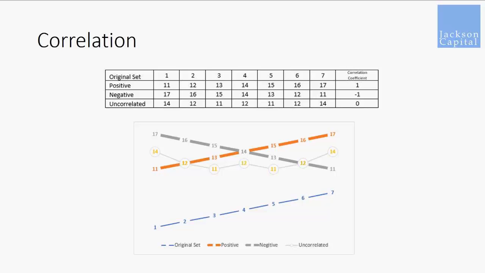If we take the original asset in blue here and it moves in the same direction, like the orange line, it's positively correlated. If it moves in the opposite direction, like the grey line, it's -1. If it has no relation, in other words an equal mixture of positively and negatively correlated moves, it comes out as uncorrelated, which is 0.